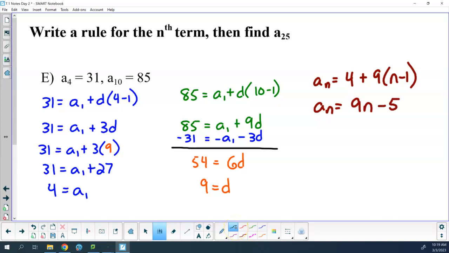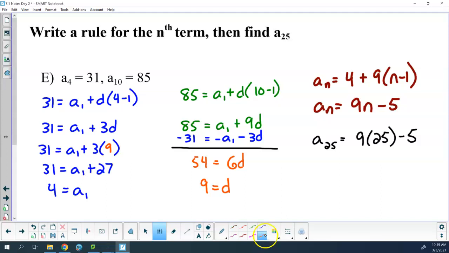Then it asked us to find the 25th term, which would be 9 times 25 minus 5. 9 times 25 is that 425? Yes, no, maybe? We all should have done it. 225? 225, yes, 225.